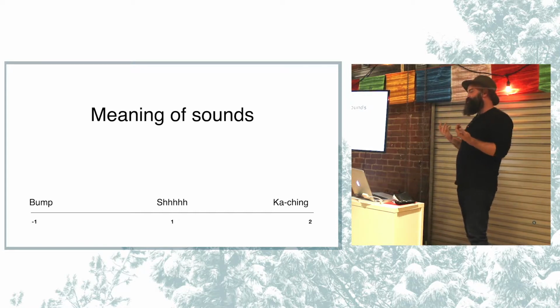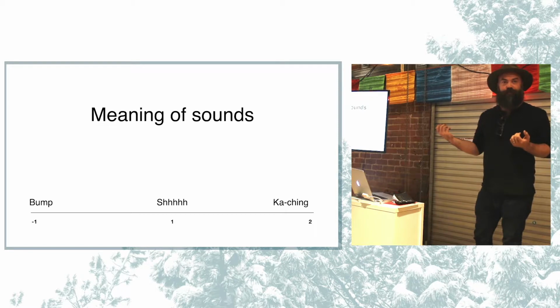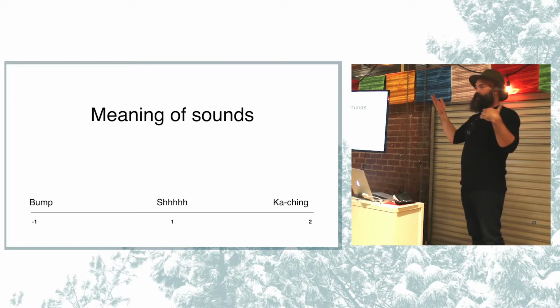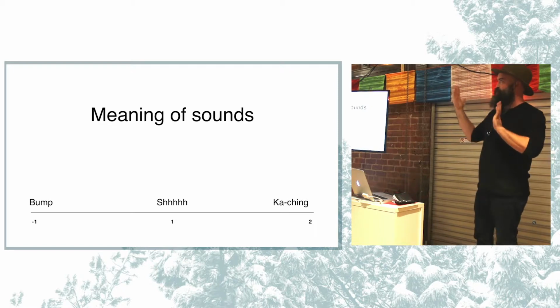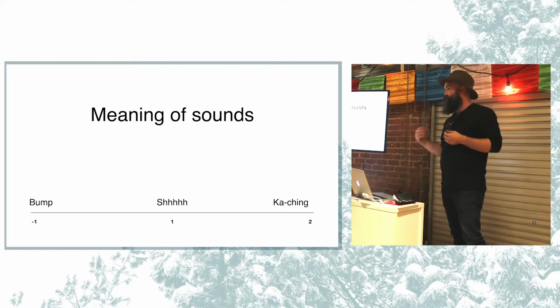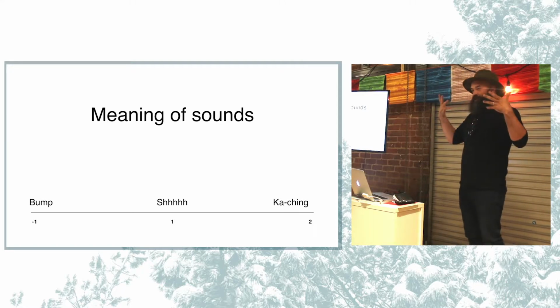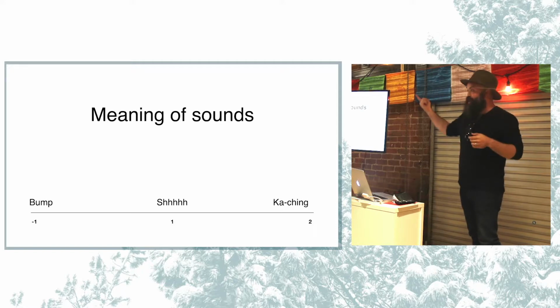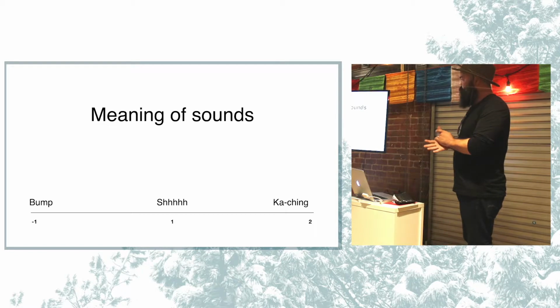This is a really funny idea, because if you're at home alone and it's dark and you hear a strange noise, there's a gap in your understanding of what that sound could signify. And so there's this desire to understand what that sound is. So it's a negative connotation for that particular thing.